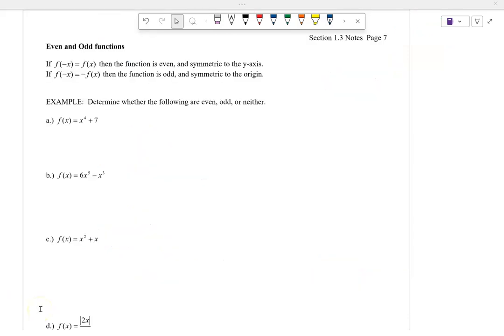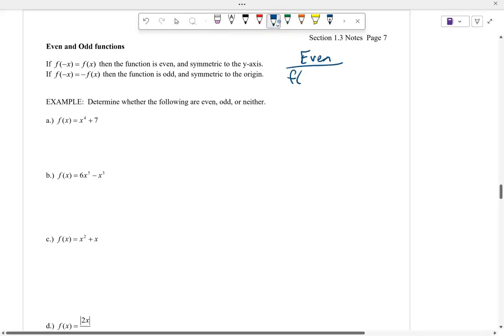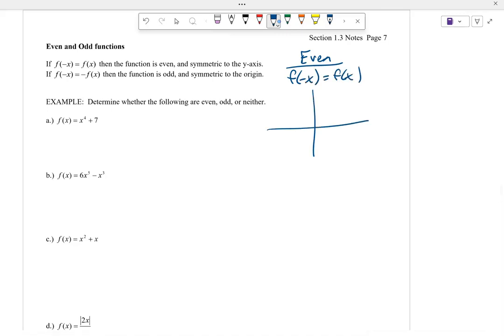All right, so even and odd functions, this symmetry is a nice lead into even functions have this property: f of negative x equals f of x. So anytime you see a function that is symmetric with respect to the y-axis, it's going to be an even function.